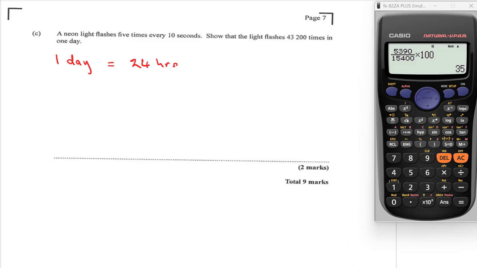So therefore, to convert this hours into minutes, we multiply 24 by 60, and this is going to give us 1,440 minutes. So 1,440 minutes in one day.